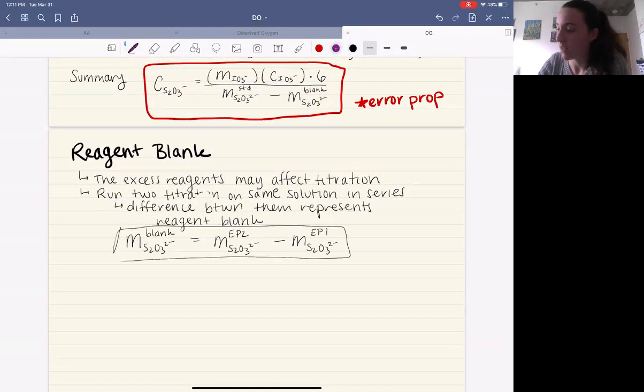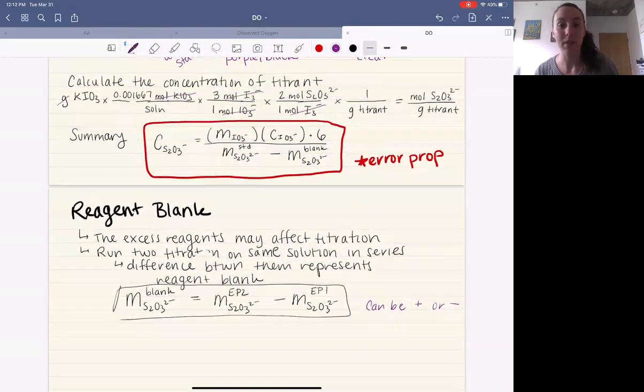And notice how this could be positive or negative, depending on what way your reagents are inhibiting your reaction.